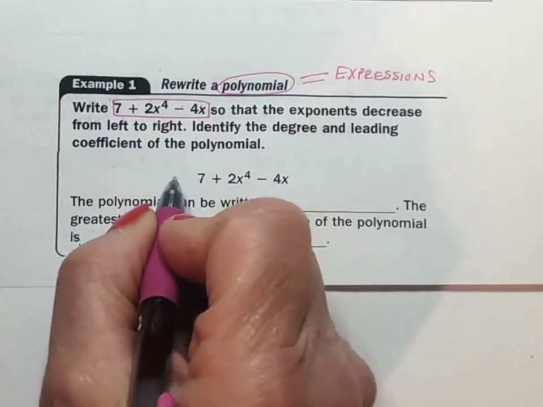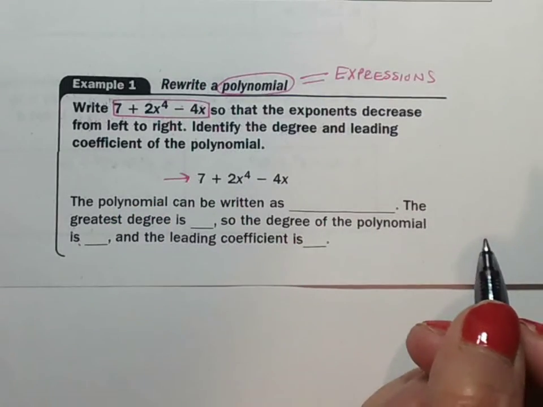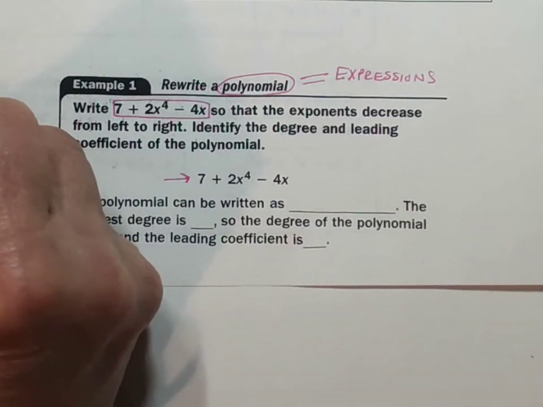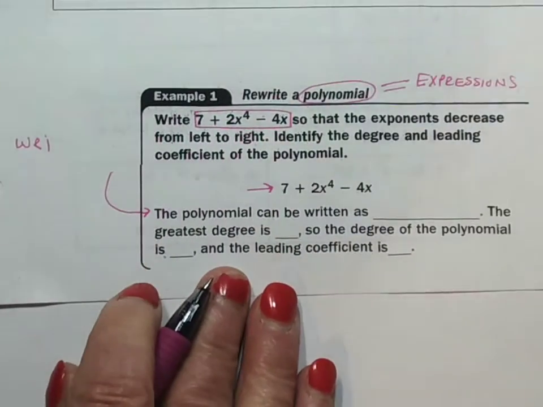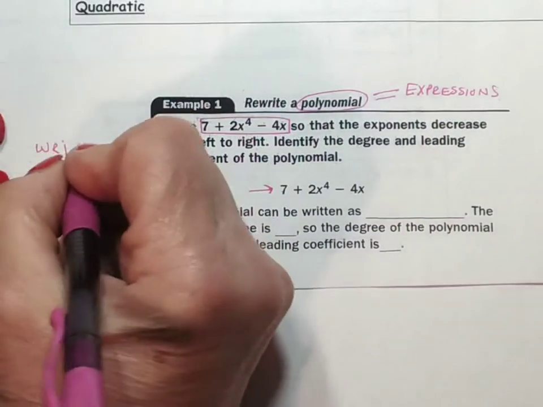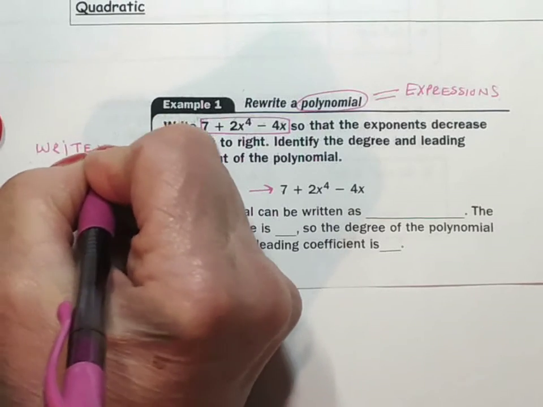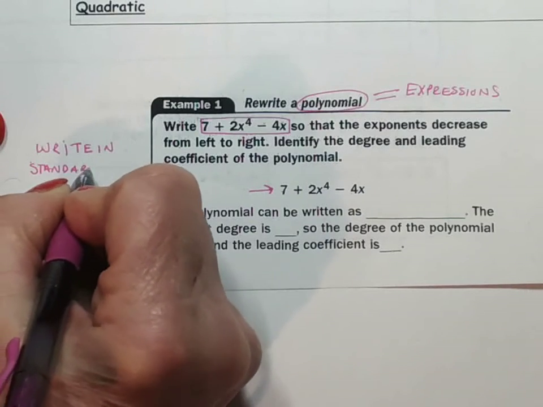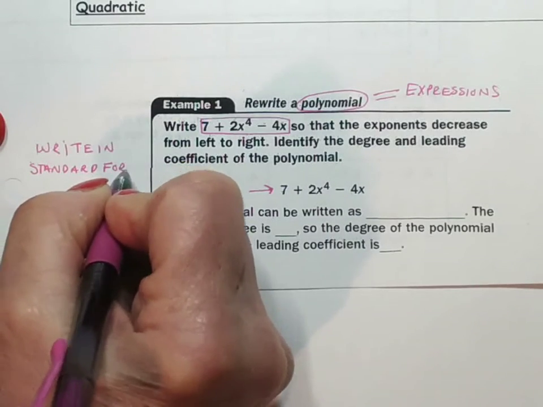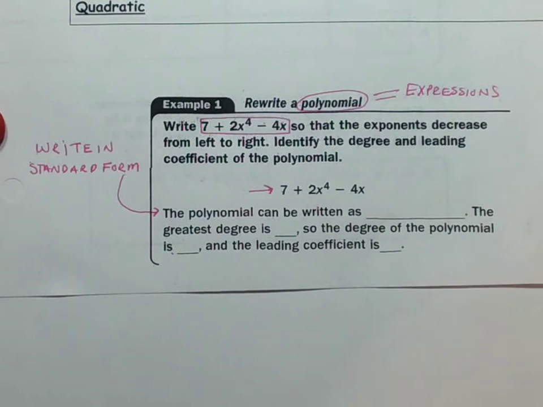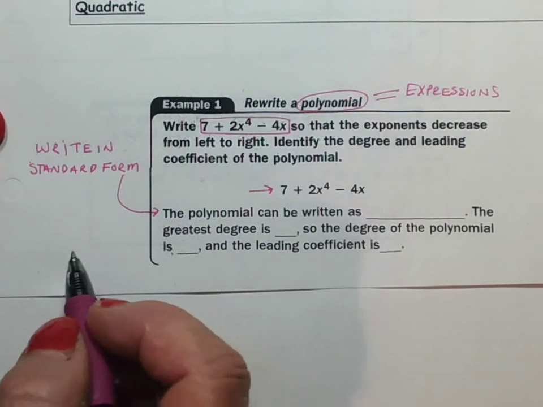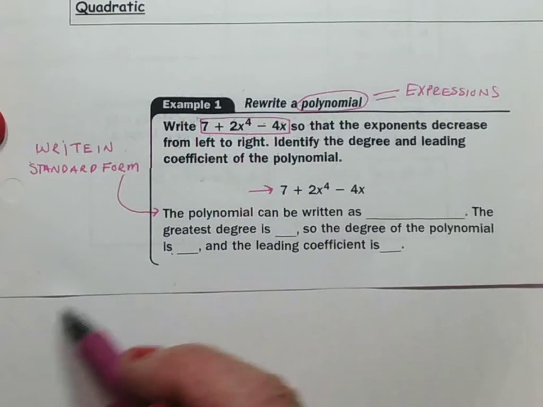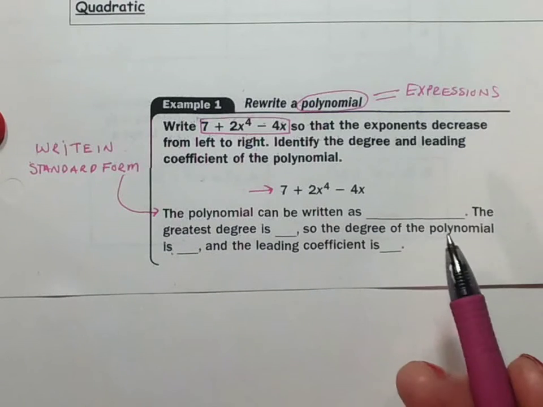We're going to take this polynomial and write it in standard form. In standard form, we want to do that so that we don't get ourselves confused when we are going through problems.